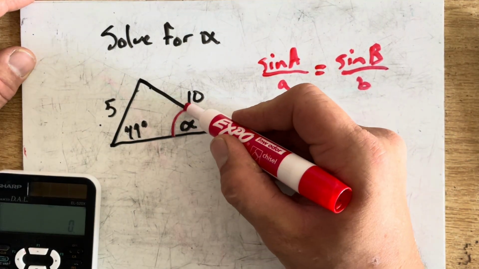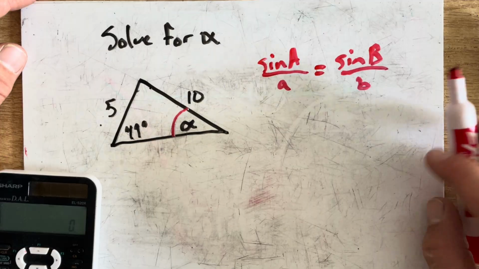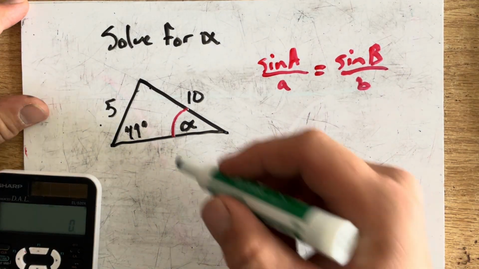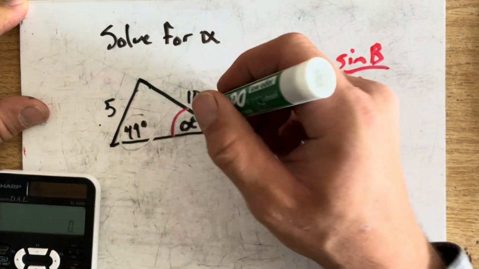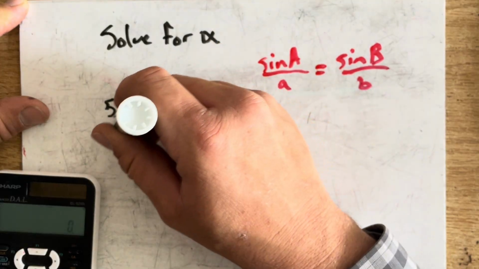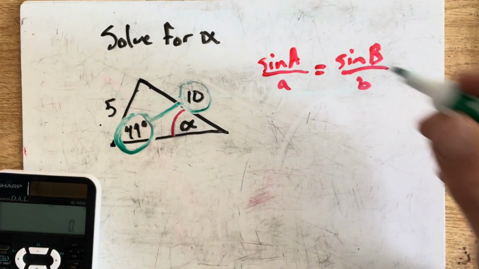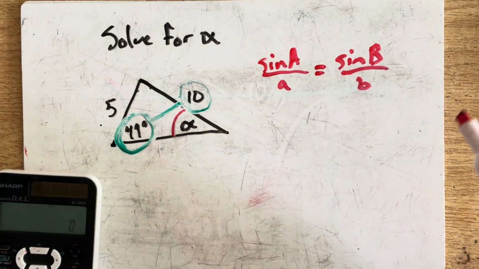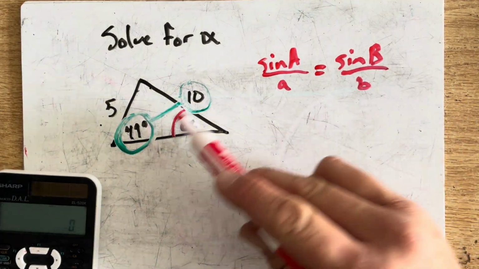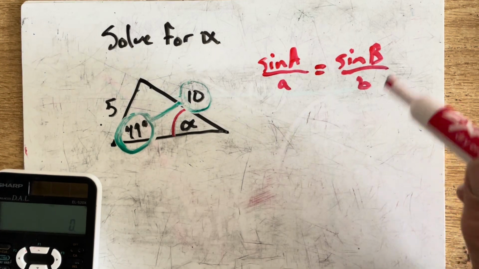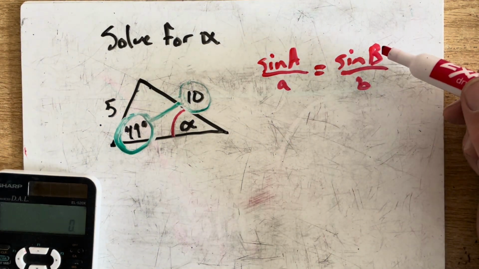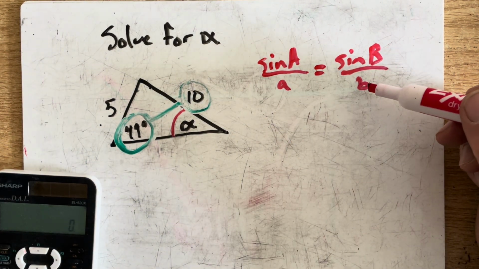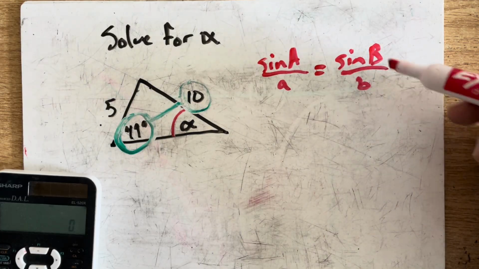We don't know this angle alpha, but really importantly, we do know an angle pair that oppose one another. We know this 49 degrees and this 10 units. If we know an angle pair, we can use the sine law, because we'll know an angle and a side length that make up one side of this proportion.